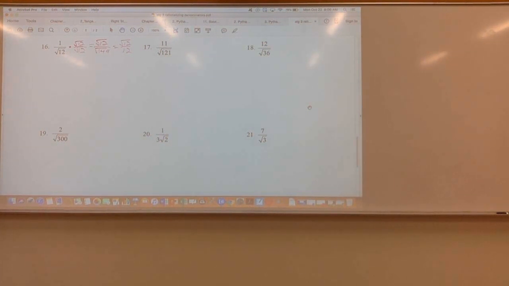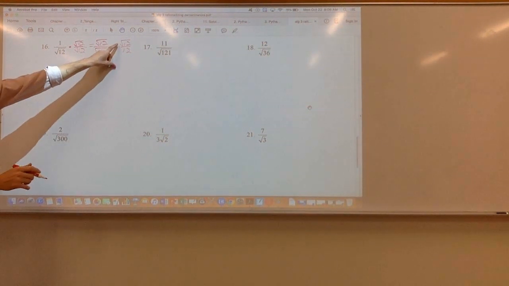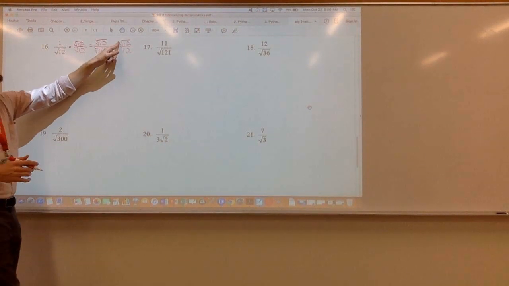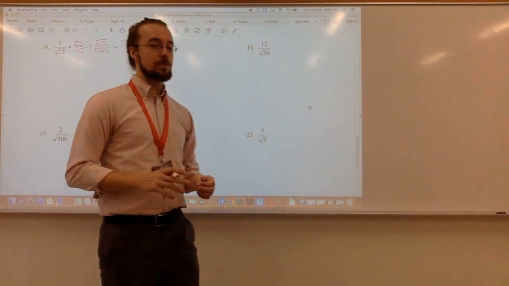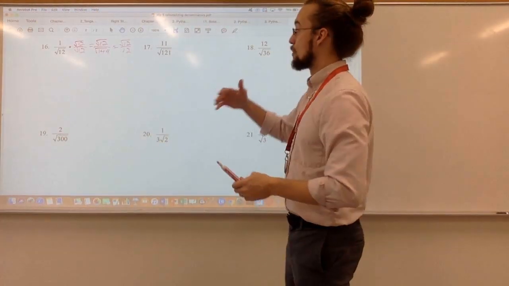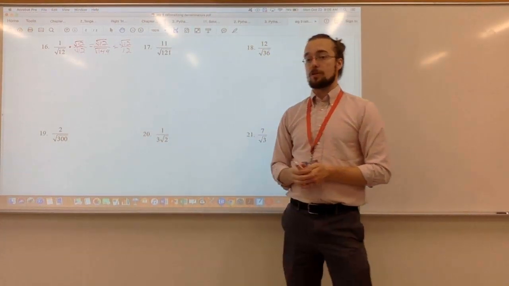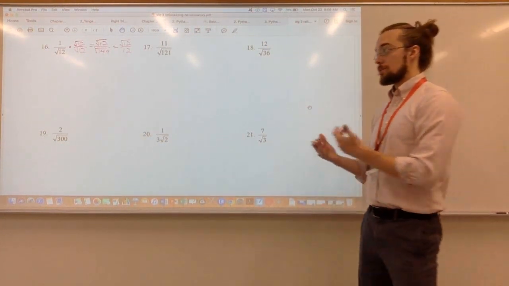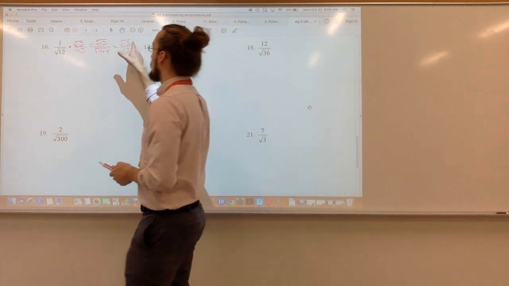I always want to check to see if the number inside of the radical is divisible by any perfect squares. In some of the ones we did, like 81, that was itself a perfect square.